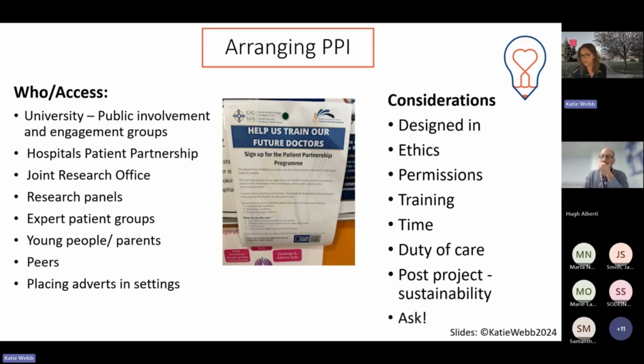So considerations, is it designed in? Thinking about ethics, when you are designing in patient public involvement within research, you need to be really clear in ethics about where that PPI is, and being really clear about the permissions for that and the parameters within which those individuals participate.